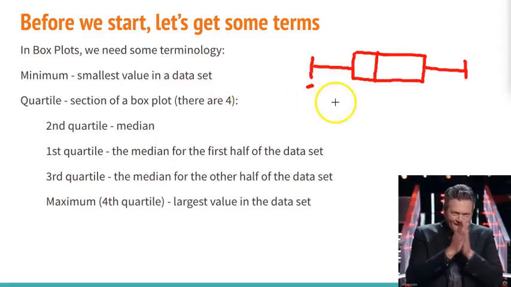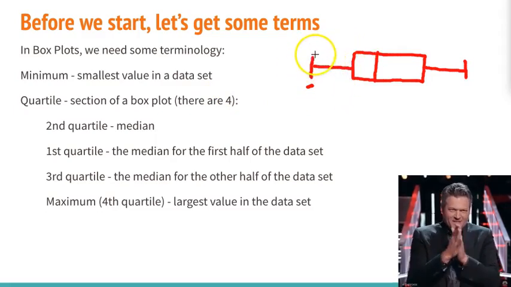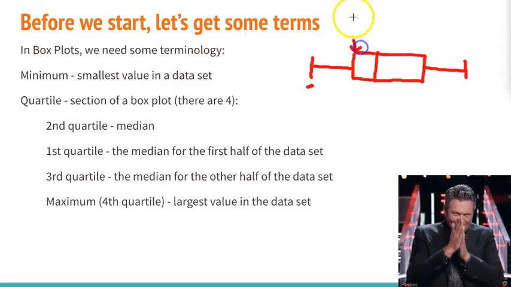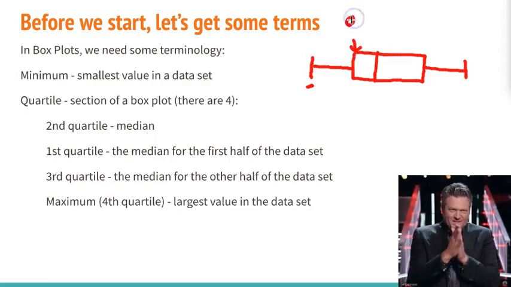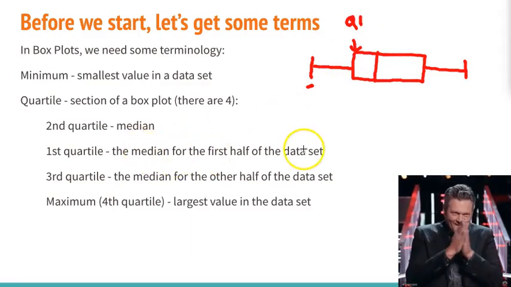The entire thing's broken up in quartiles. Okay, so to here, this is where quartile 1 ends, and that's the median of the first half of the data. I put this first, second quartile, because that's the median.